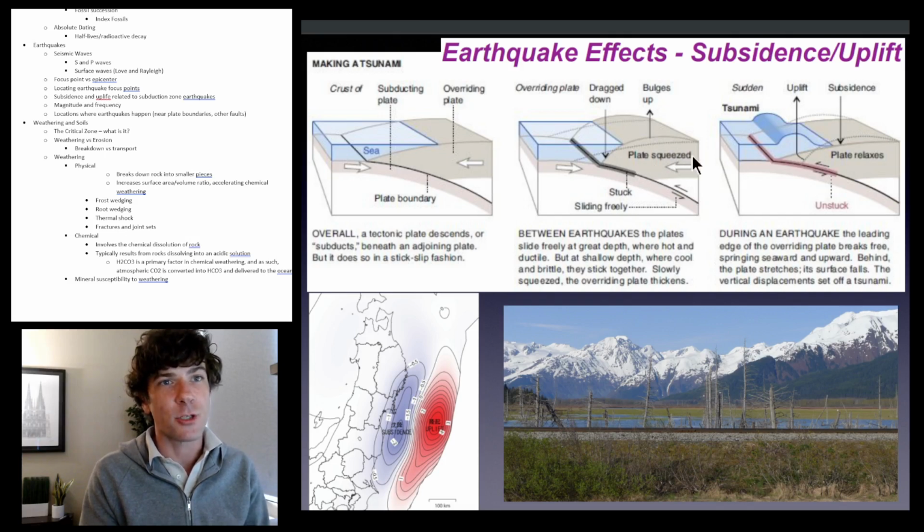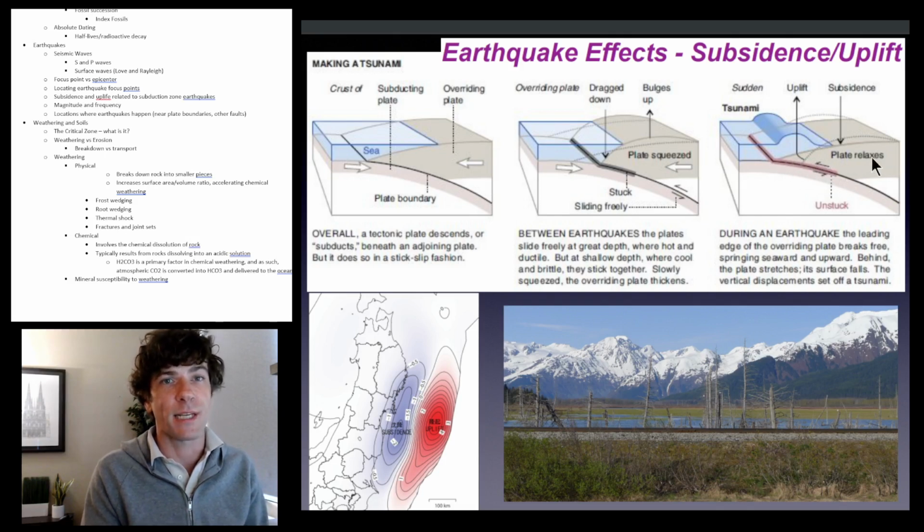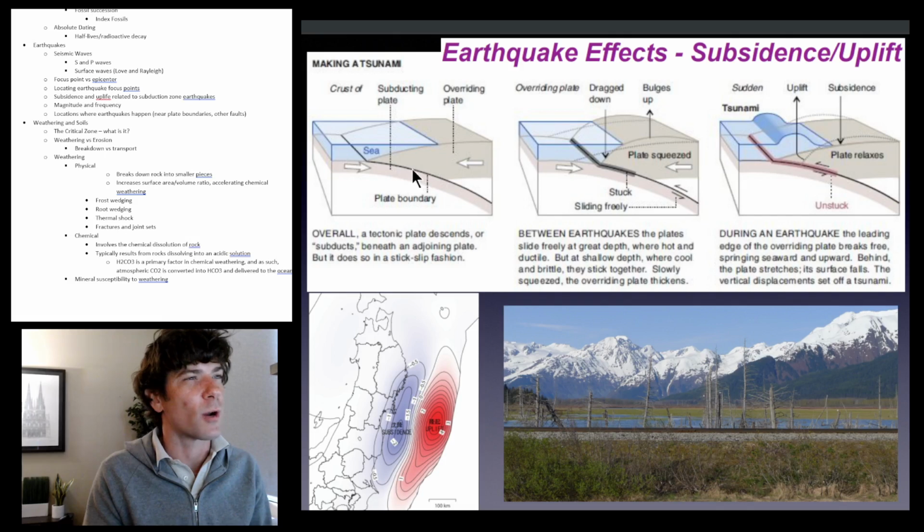But eventually there's so much elastic strain here and so much related force pushing back, trying to relax that back to its initial position, that an earthquake occurs. Rupture along this fault plane occurs, and it allows the overriding plate to slip back forward. This causes the ground surface to subside back to its original position or thereabouts, and it can create large tsunamis in the process.